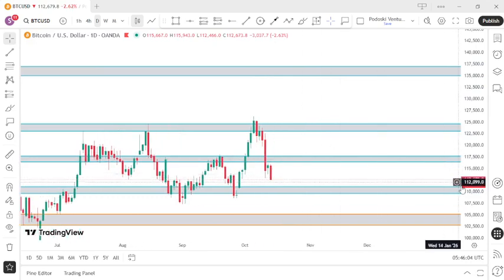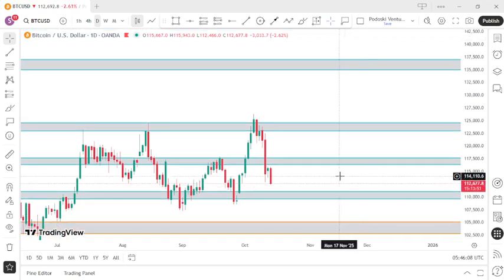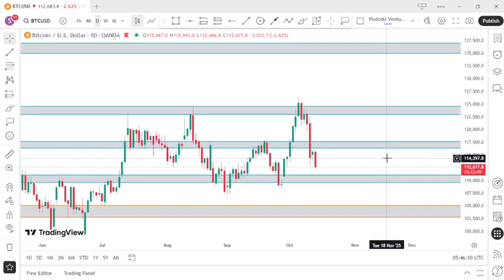But if price is moving to the upside, it does not move in a straight line. It creates a series of higher highs and higher lows, higher highs and higher lows.